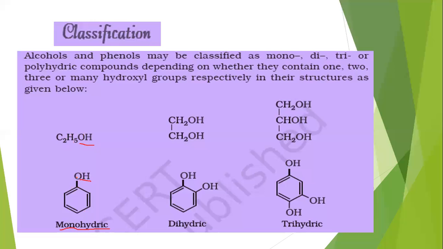This alcohol and this phenol both contain one OH group by replacing one hydrogen of the corresponding aliphatic and aromatic hydrocarbon. They are called monohydric compounds.